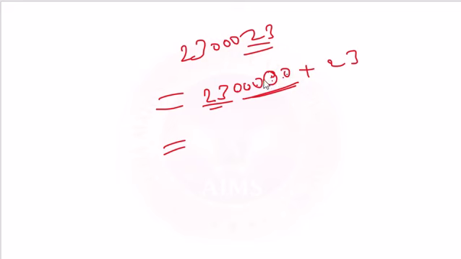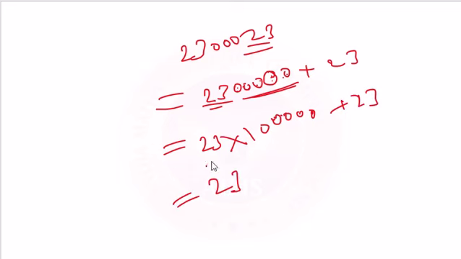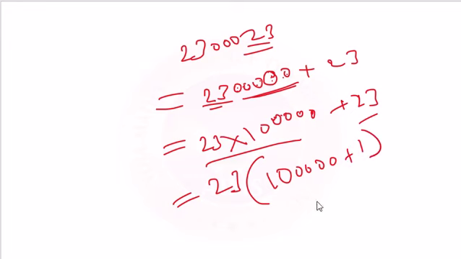5 zeros means ones, tens, hundreds, thousands, ten thousands. Means we can write it as 23 into 1 lakh plus 23. This is one term, this is one term, 23 we can take common. So what is remaining? 1 lakh is remaining, plus 23 went out, 1 is remaining.